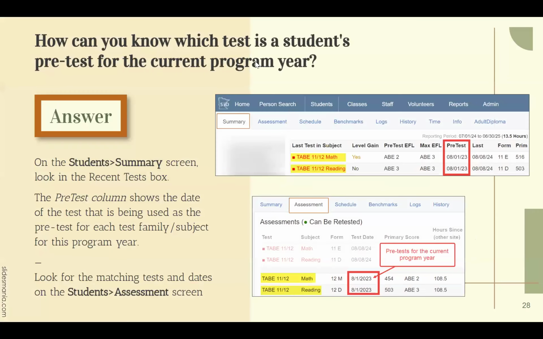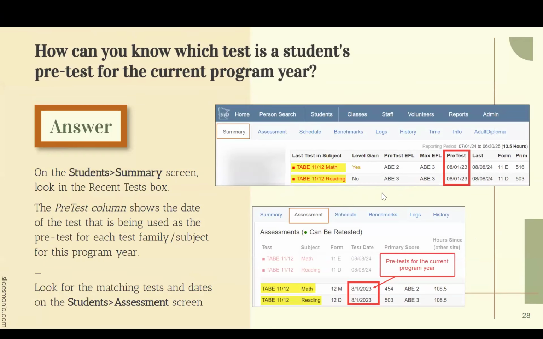If you look at an individual student, at their summary screen, for some of you there's a picture of the student over here. There's their name and address. And there's a little summary of their most recent tests in each subject area. It's called the last test in the subject.